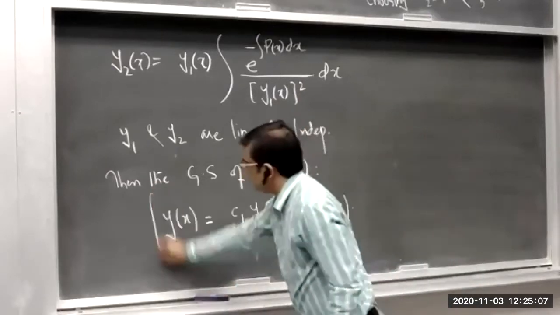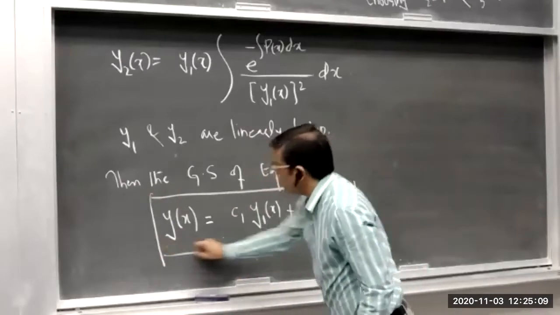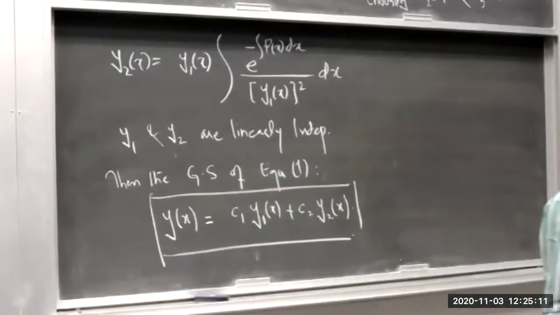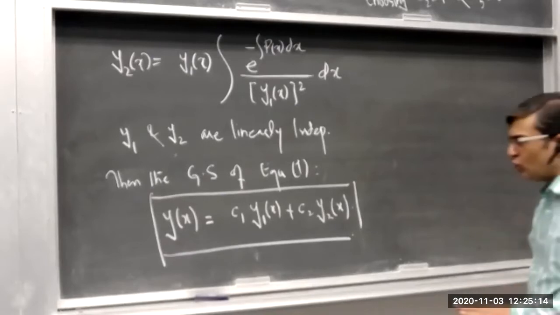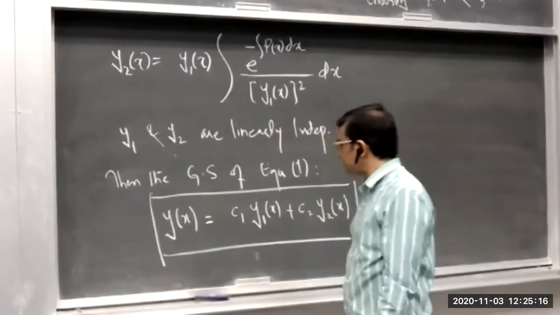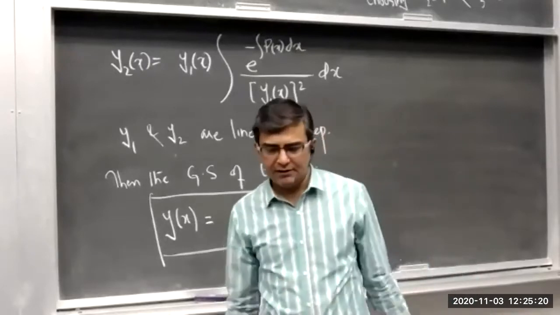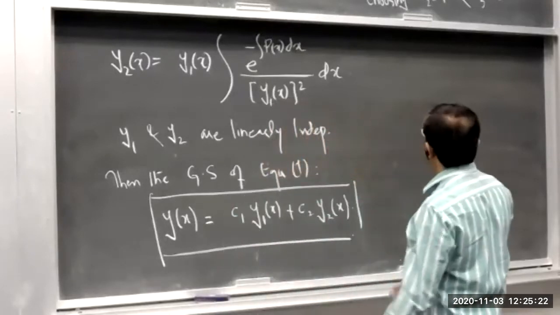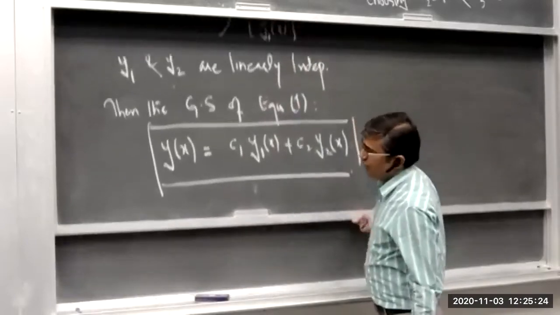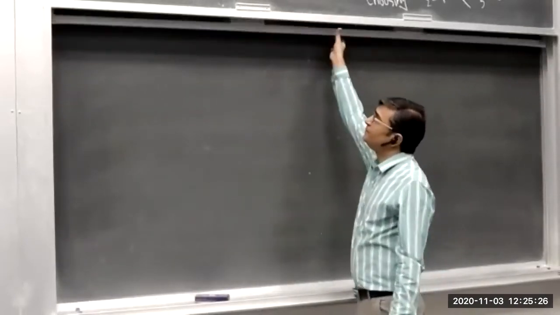So this is how you can find the general solution of the given ODE if one solution is known, if y1 is known. I hope you understand it. If you have any question, you can ask me. Otherwise, I'm going to show you an example of this method.